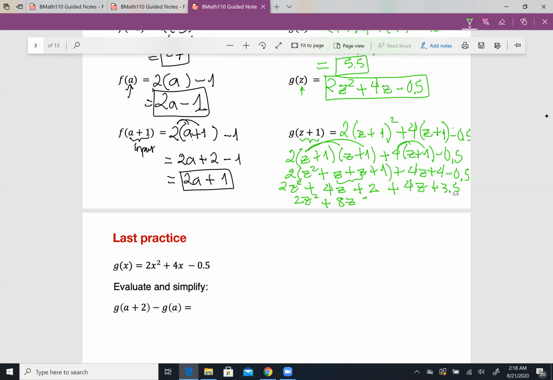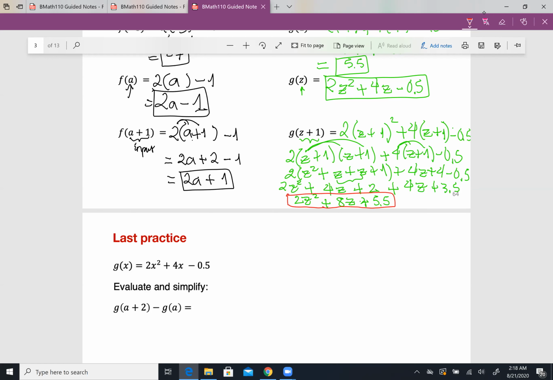So I say plus 5.5. This is gonna be the answer for this problem. So go ahead.